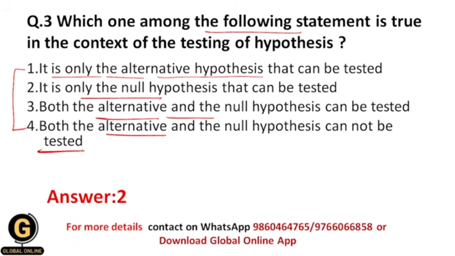That's why there is a need to test only one hypothesis, which is the null hypothesis. So this is the most important concept in the testing of hypothesis, because we need to know exactly what type of hypothesis we are going to test, and here the answer is 2, that we are going to test only the null hypothesis.